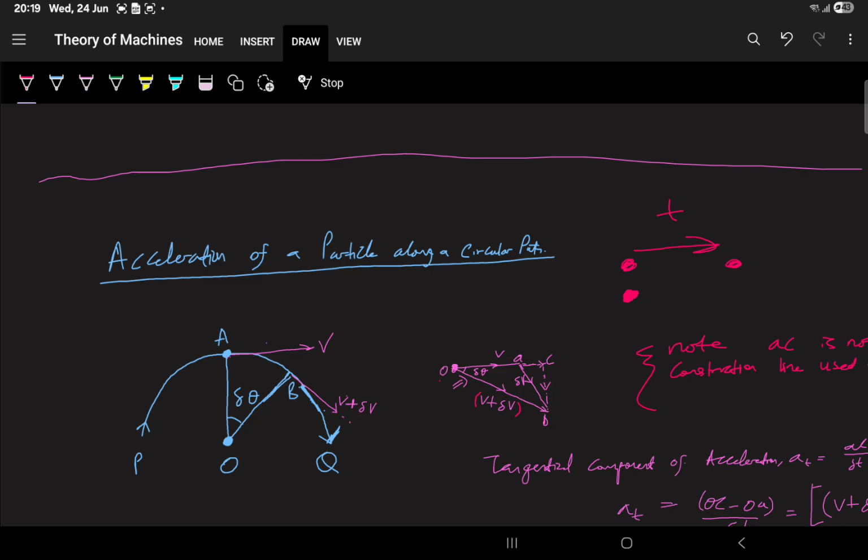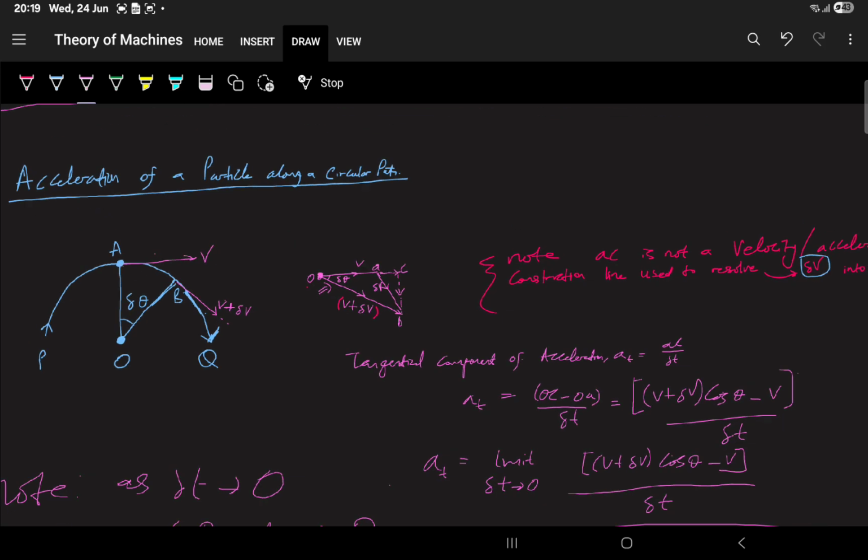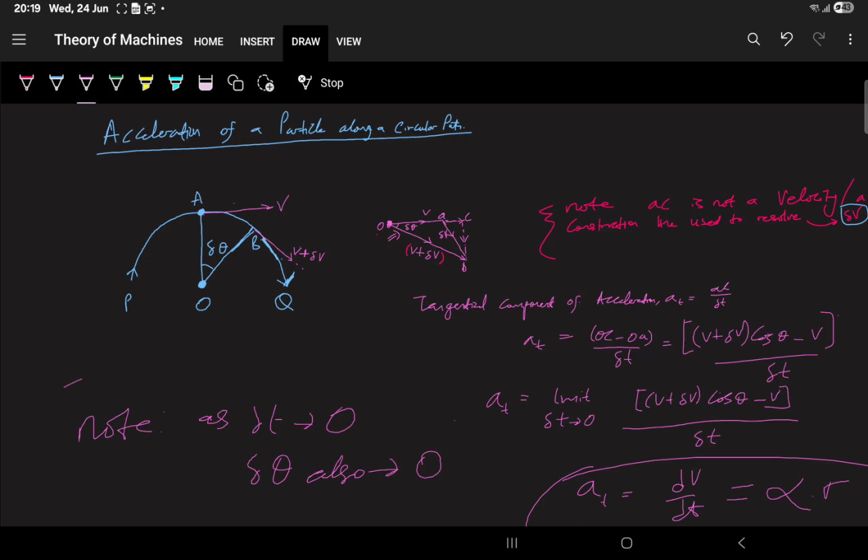Now, this delta theta helps in calculating angular distance, which is used in circular motion here. So we can use that analogy here. You can just jot this down as a note.